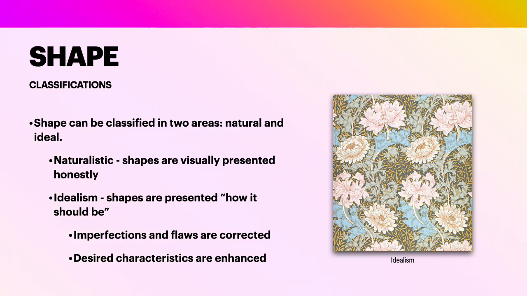Under idealism, the designer interprets and presents the world with a vision of how it should be. Perceived imperfections and flaws are now corrected, and certain desired characteristics are enhanced.